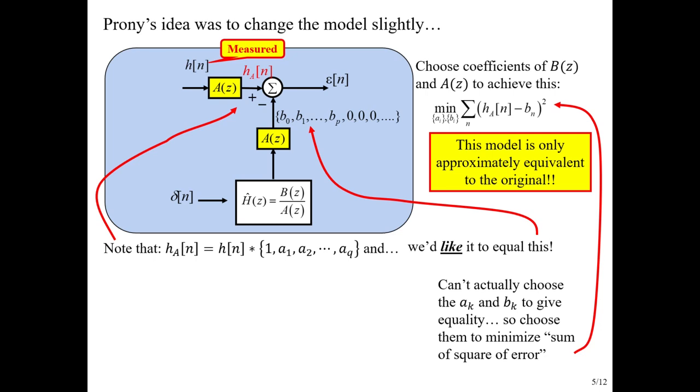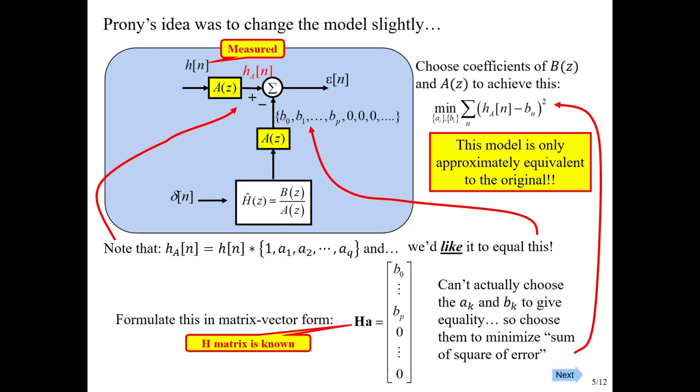Being able to solve it and get an approximate answer is better than knowing what I have to solve to get the exact answer, but it's not something I can do. So that's the idea. So let's reformulate this idea here in terms of a matrix vector form.